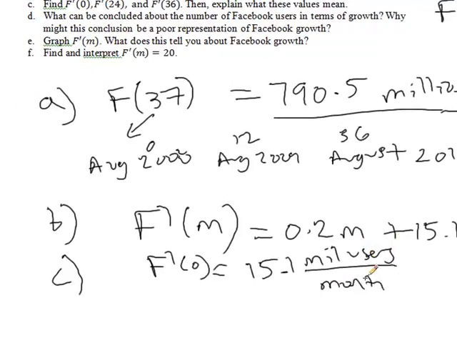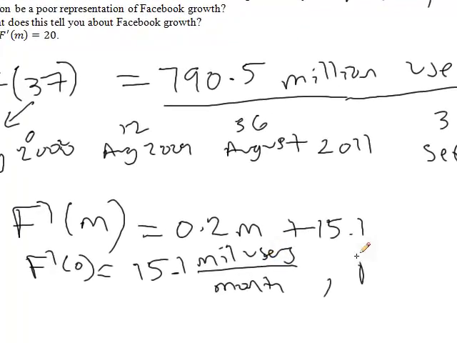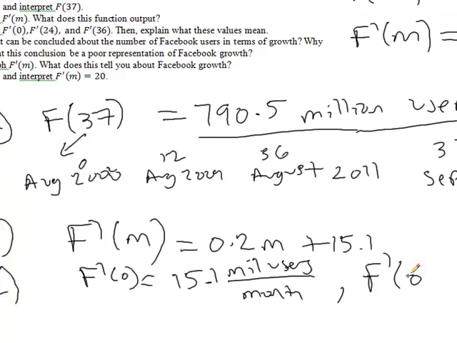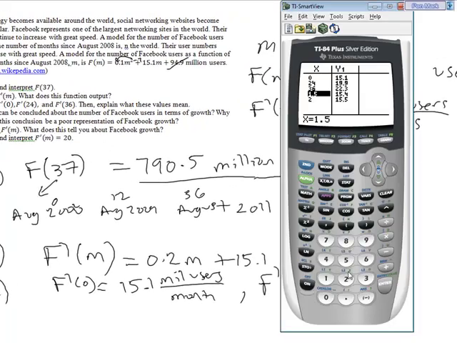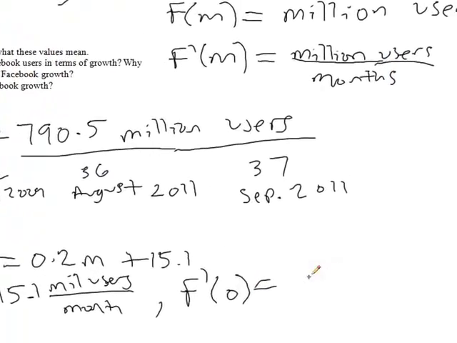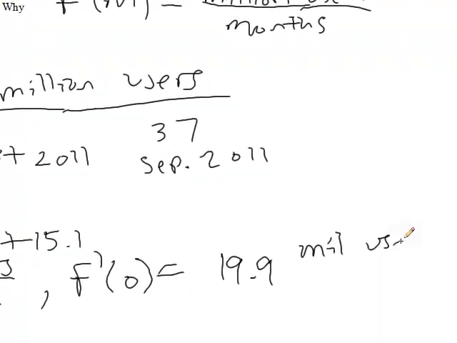So that's what's basically happening in August 2008. The number of users is going up by 15.1 million per month. In the 24th month, which is August 2010, the number of users is still going up, but it's now increasing at a faster rate. It's now increasing by 19.9 million users per month.